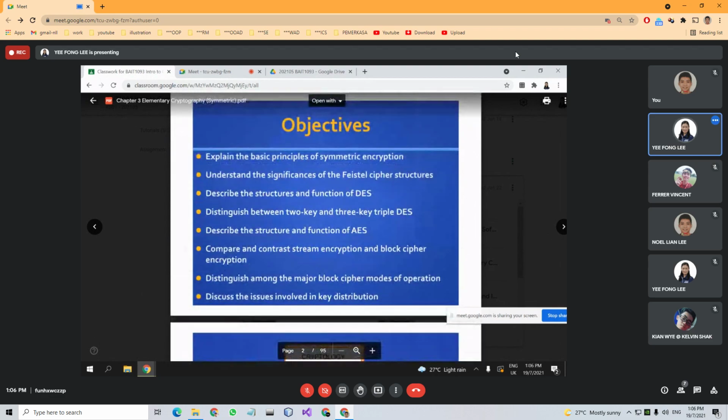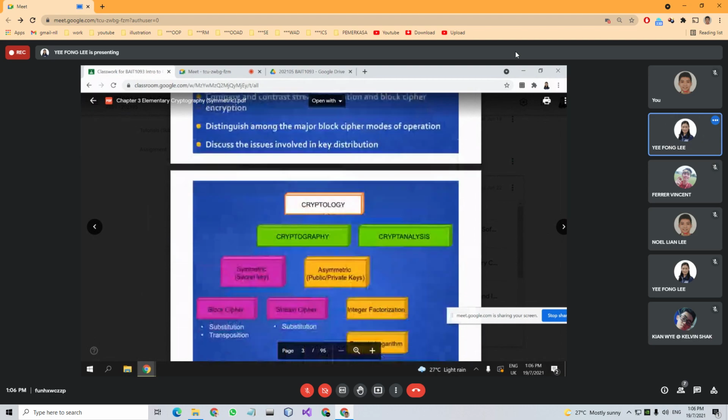I will only cover half, up to the first one, which is the more important. Once you understand the principles of symmetric encryption, the rest are the popular block encryptions under symmetric. So that can be completed by next week.